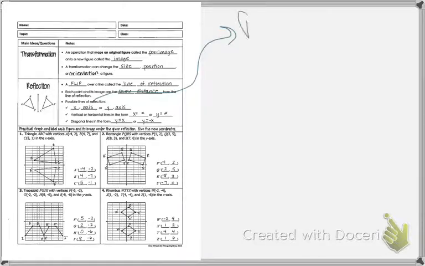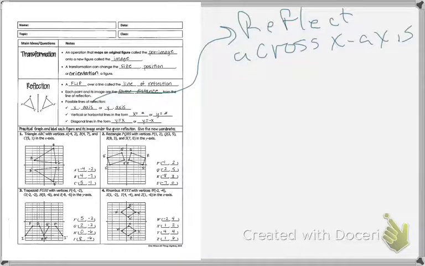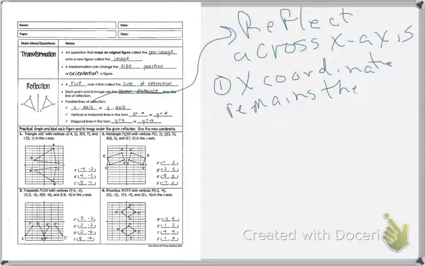If we reflect across the x-axis, that just means, one, the x-coordinate remains the same.